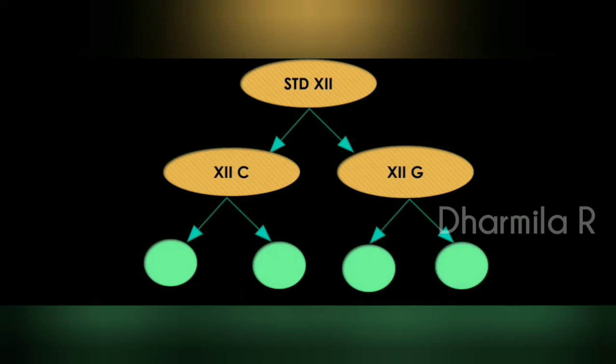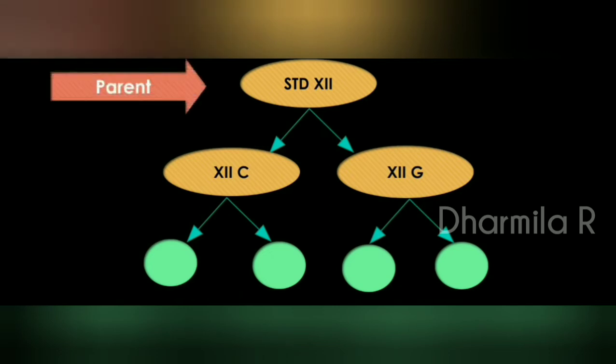Now look at these branches. This design is actually called as hierarchical database model. Now standard 12, that is the very first table, act as the parent table and the branches act as the child. So here there is a relationship between parent and child, that is parent-child relationship.